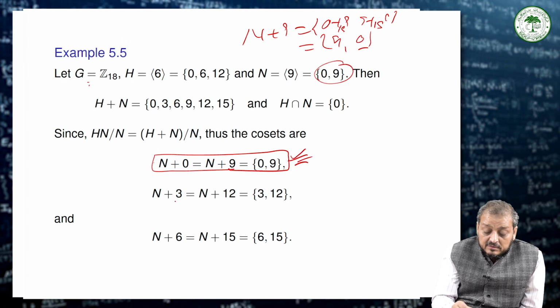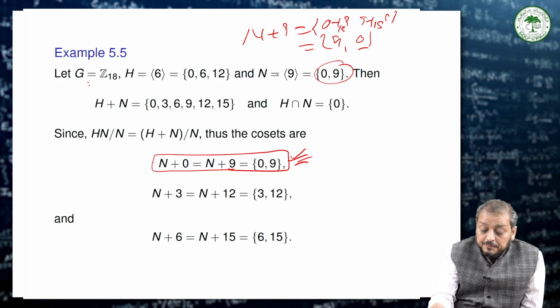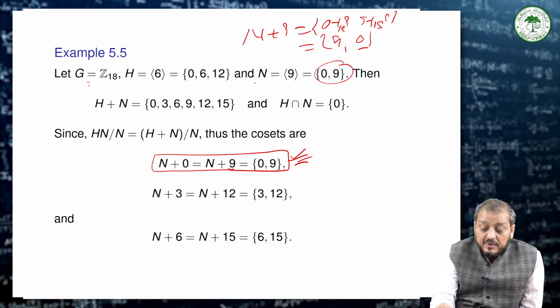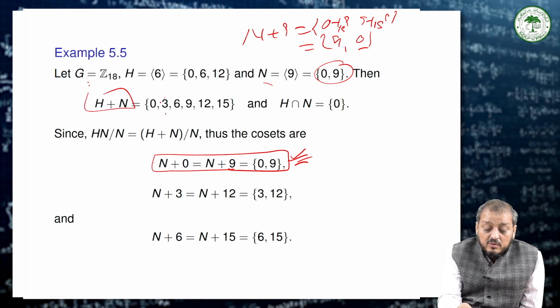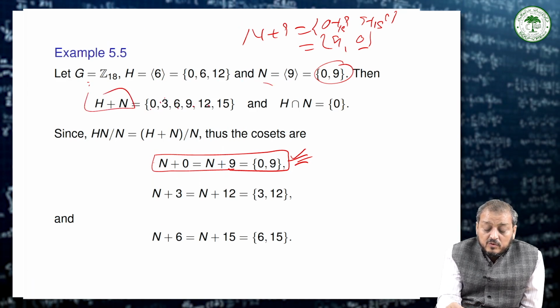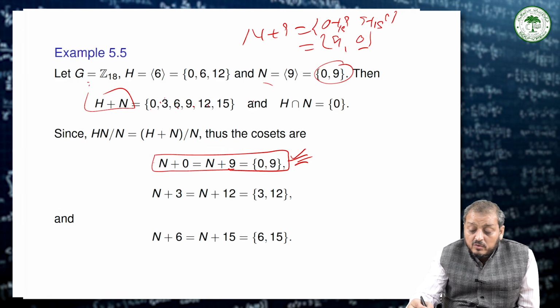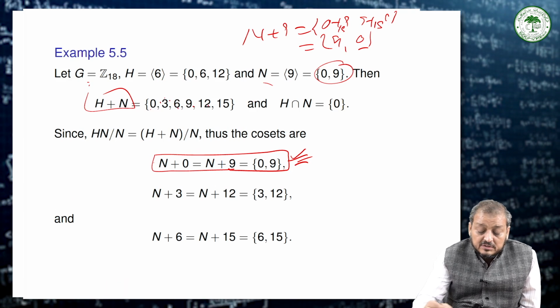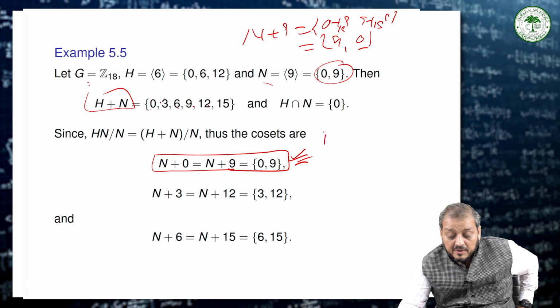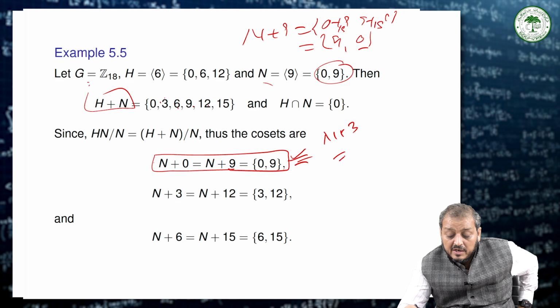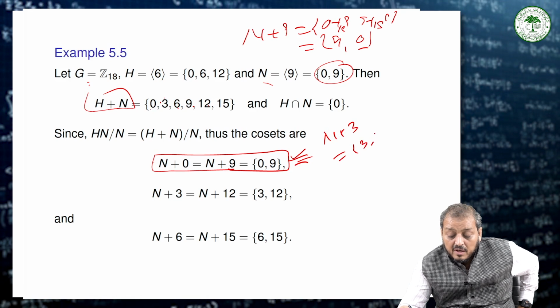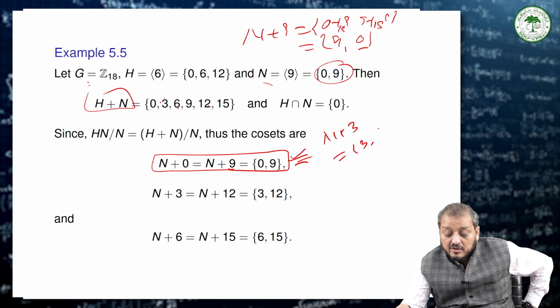Similarly, if we take N plus 3, using the elements of H plus N, which are 0, 3, 6, 9, 12, 15, we take N plus 3. Clearly we have 3, and 3 plus 9 is equal to 12.